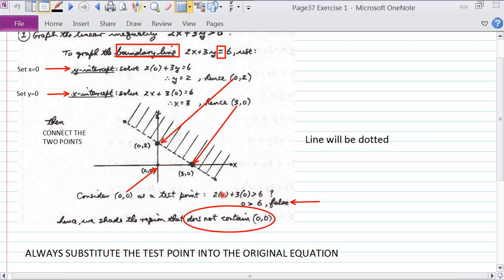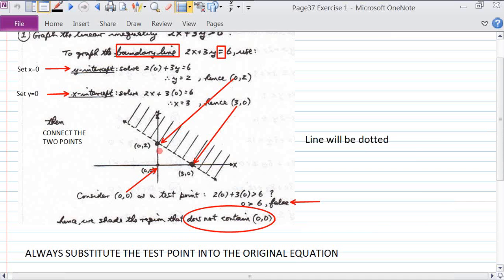So 2x is 2 times 0 plus 3y is 3 times 0 greater than 6. Is 0 greater than 6? No, that's false. 0 is less than 6. So the shaded part of the graph will not contain (0, 0).